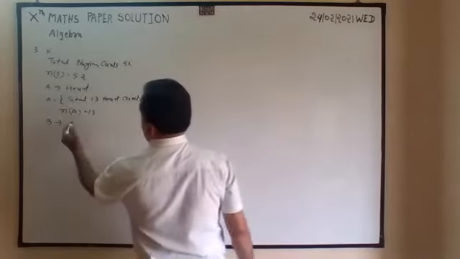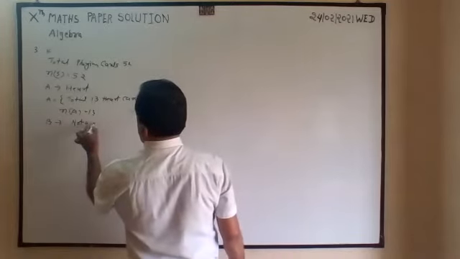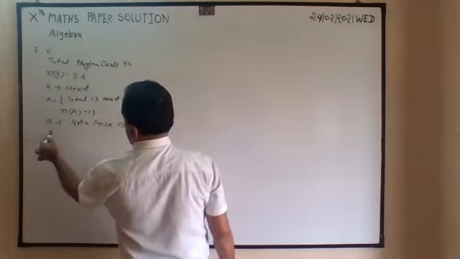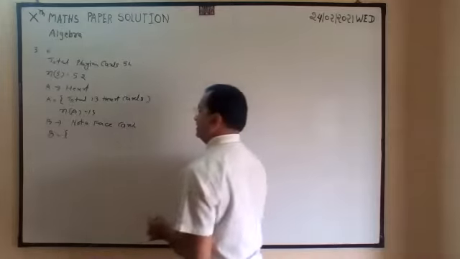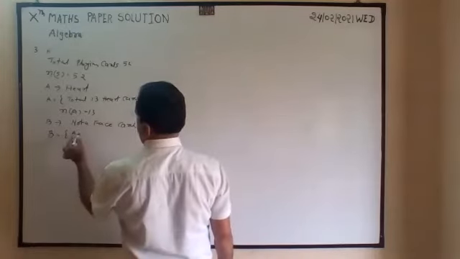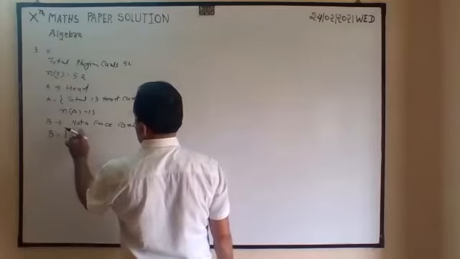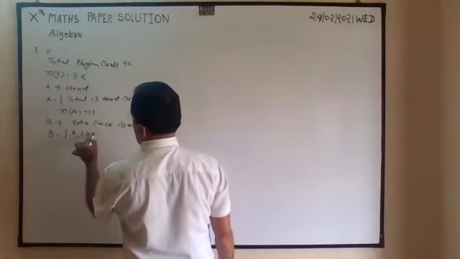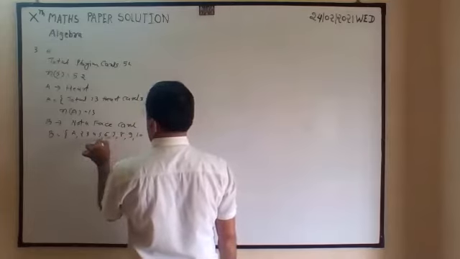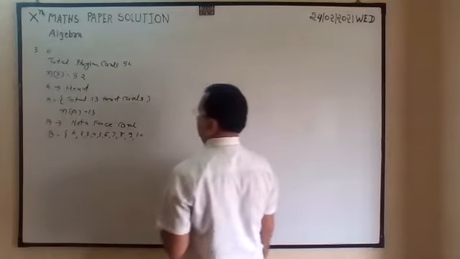B: not a face card. So for B, the cards are Ace (1), 2, 3, 4, 5, 6, 7, 8, 9, 10. J, Q, K are not there.